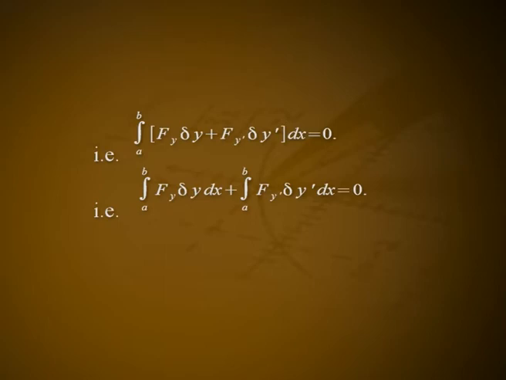That is integral a to b f_y delta y dx plus integral a to b f_y dash delta y dash dx equal to 0.